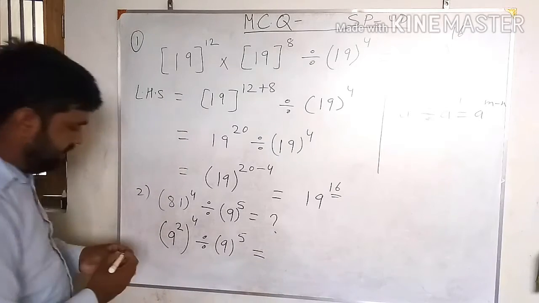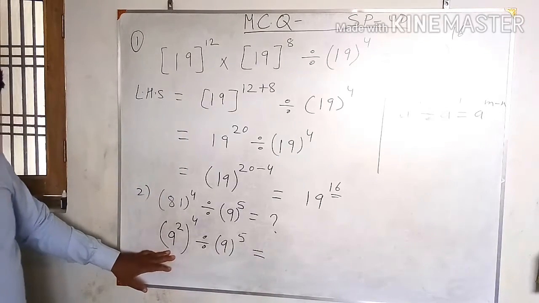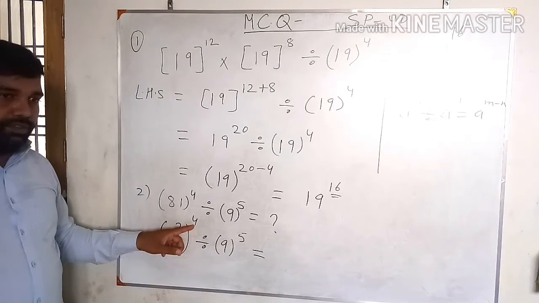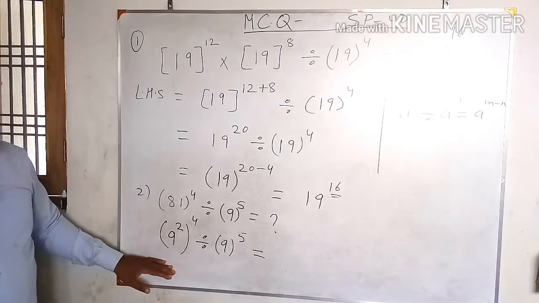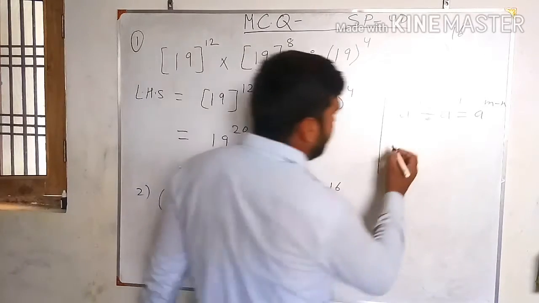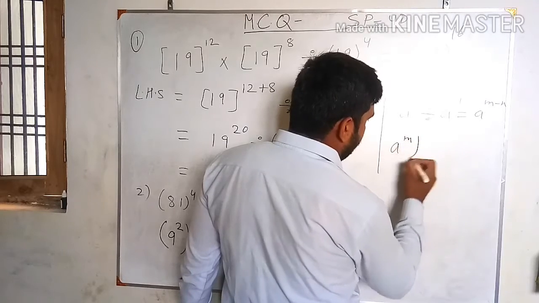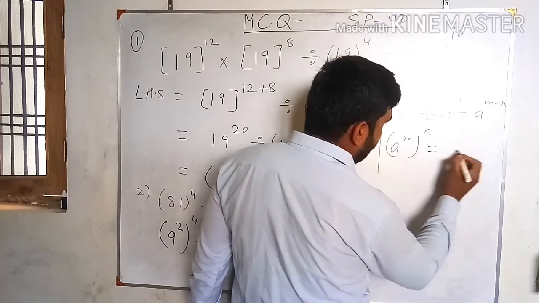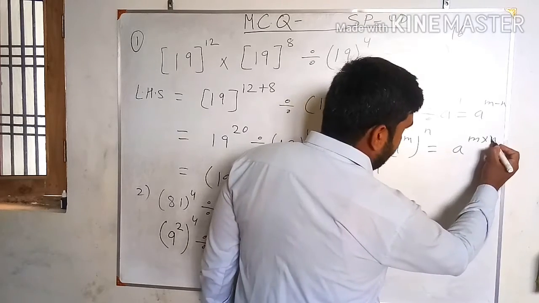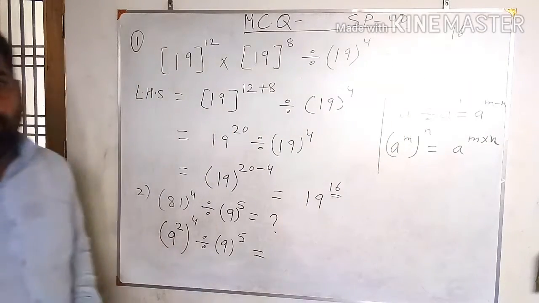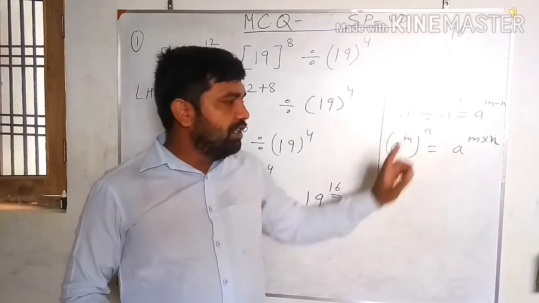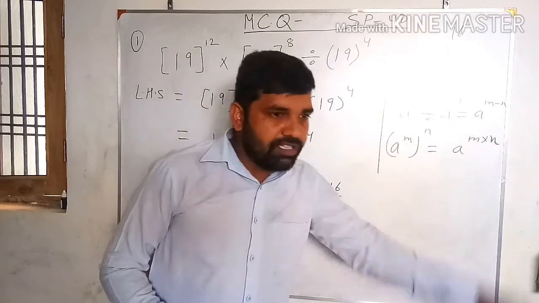Now in the next step, apply the power law. Over the base 9 there are 2 powers raised, one is 2 and another is 4. So here the power law is applicable. What is the power law of the exponent? a to the power m whole to the power n gives you a to the power m cross n.